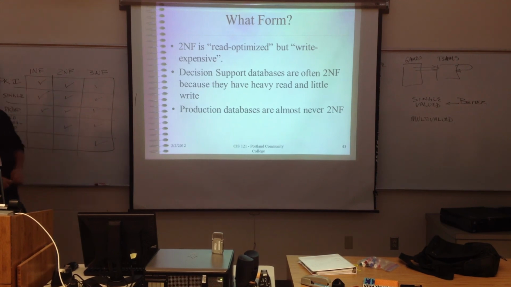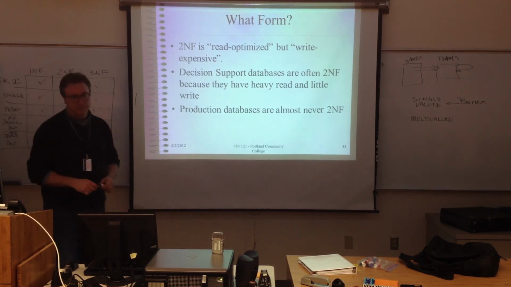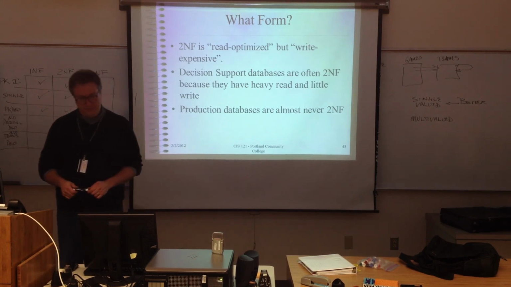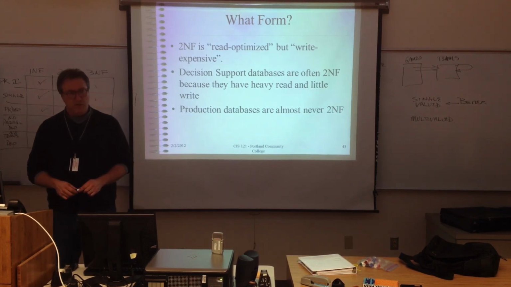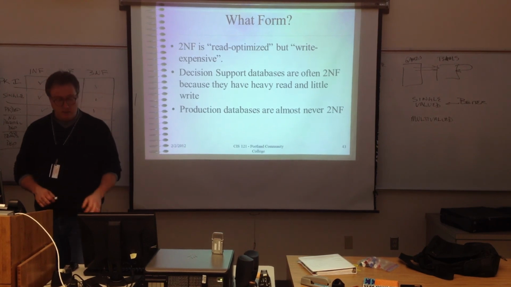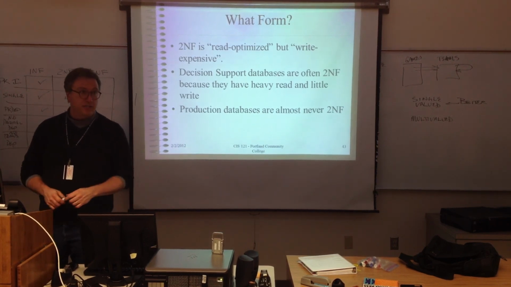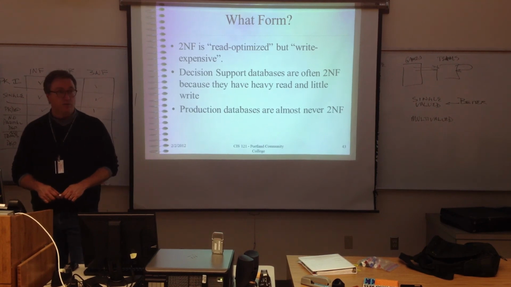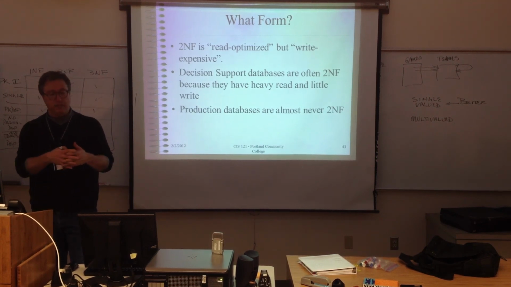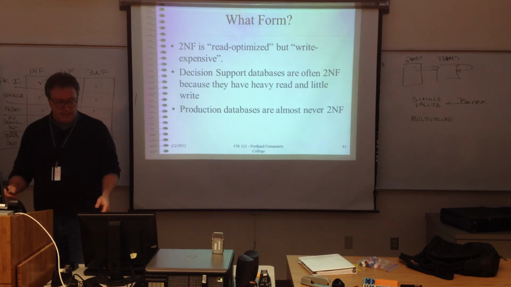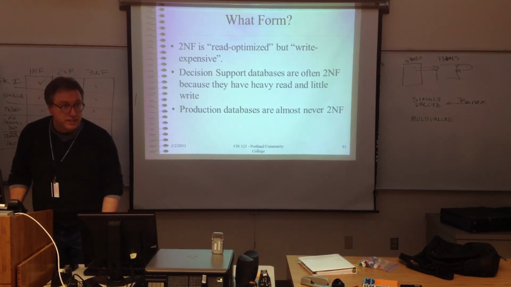However, it makes them hard to update. So if you have to do transactions quickly, if you have to make a lot of writes, they're not always the best deal. But here's a situation where you may not want to go to third normal form. If you're constantly doing really complex queries, it can speed it up to put more stuff in each entity's row.